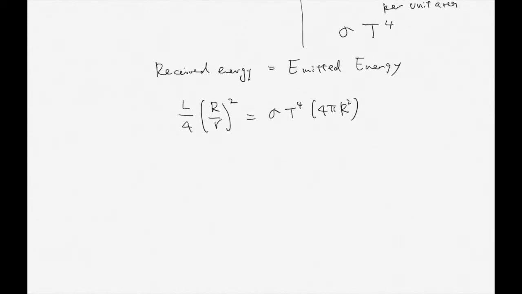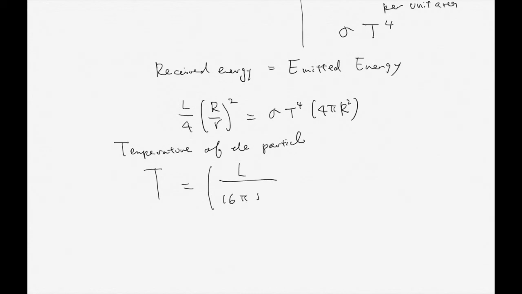Then from this equation you can solve for T. T is the temperature of the particle. It's expressed as L over 16 pi sigma, where sigma is the Stefan-Boltzmann constant and r is the distance from the host star, to the power of 1 over 4.